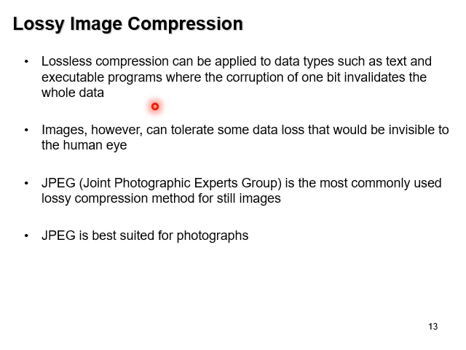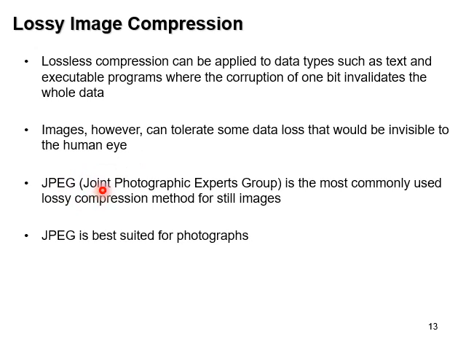However, they can be used with images, because images can tolerate some data loss that would be invisible to the human eye. This is the whole idea. We can play a little bit with the gray levels of an image, or the colors, if that will make us save in terms of storage. And this is the basic idea of the JPEG compression.